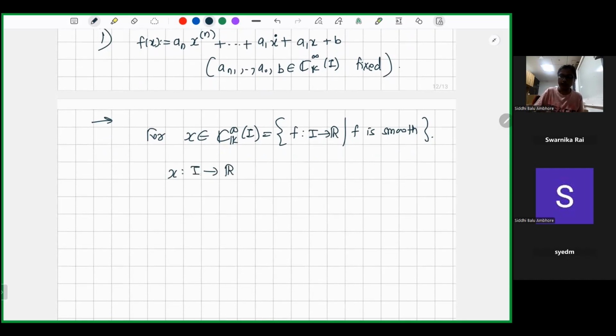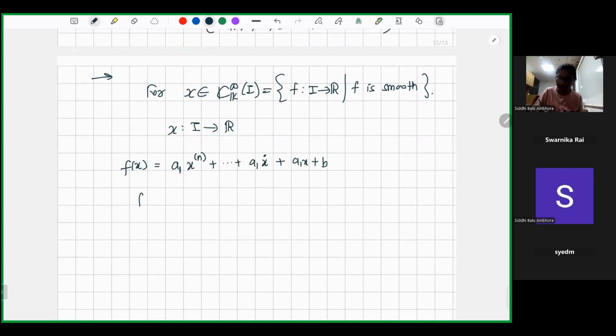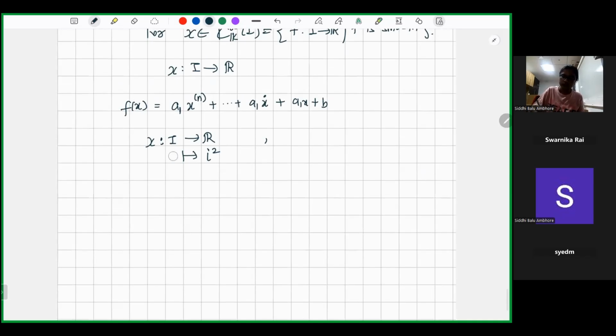So when I write this f of x, this means that it is a_n times this x differentiated n times, plus and so on, plus a_1 x dot plus b. So for example, if I take f of x from I to R such that I goes to I square, so my x is actually the function x square from I to I square.